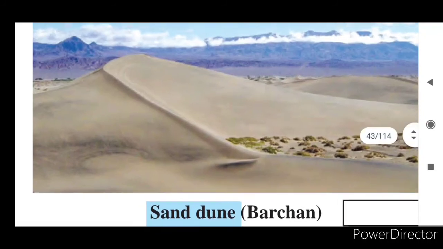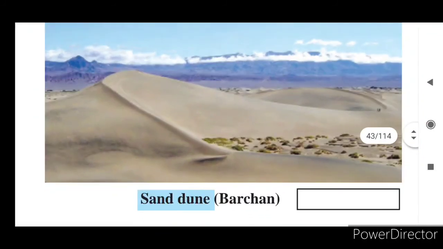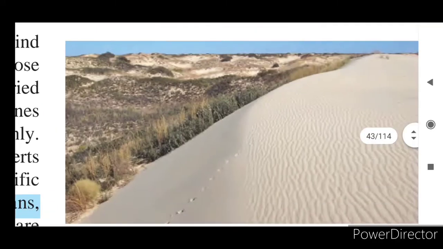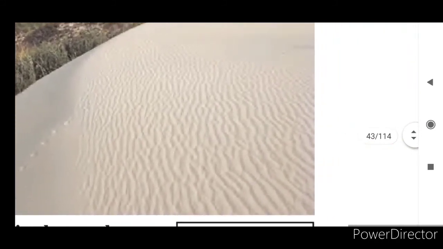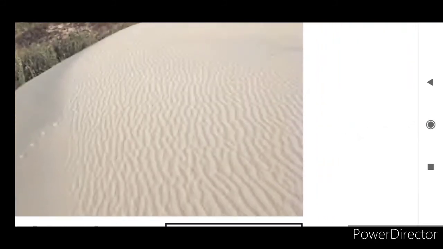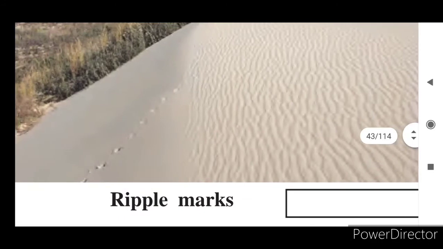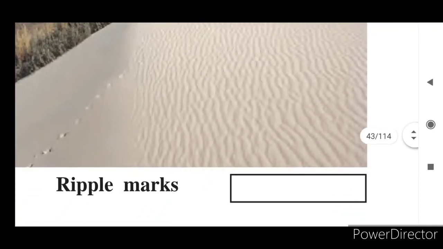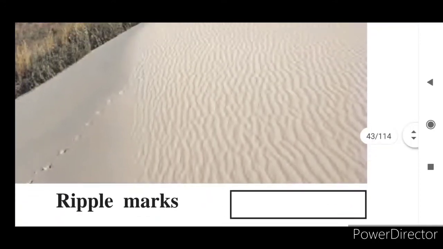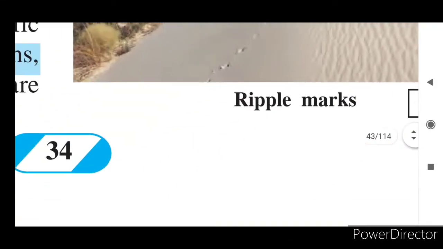So like that a small mountain of sand is formed, so it is called sand dunes, and this is ripple marks. So you can see on the sand, due to the wind, marks like that are formed, that is called ripple marks. So due to the wind, when the winds blow, erosion takes place, and these ripple marks are formed.